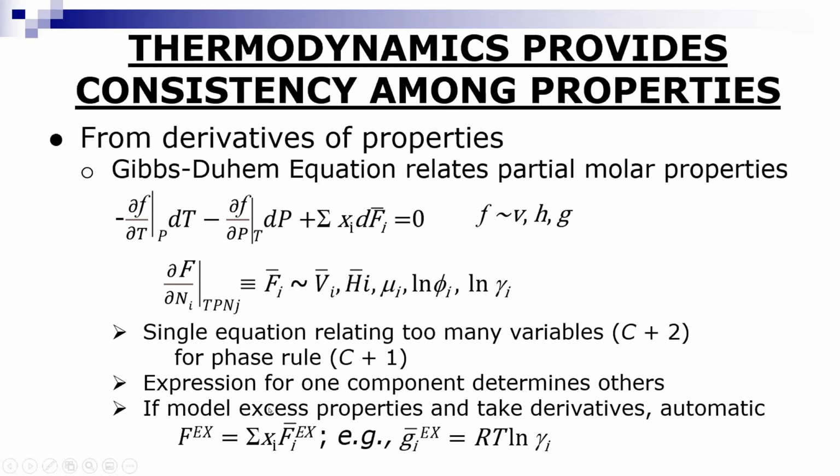Now, if you model excess properties and then take their derivatives to get the activity coefficients, the Gibbs-Duhem equation is automatically satisfied. That's a strong reason for choosing a model based on excess properties as opposed to a model based on activity coefficients by themselves.